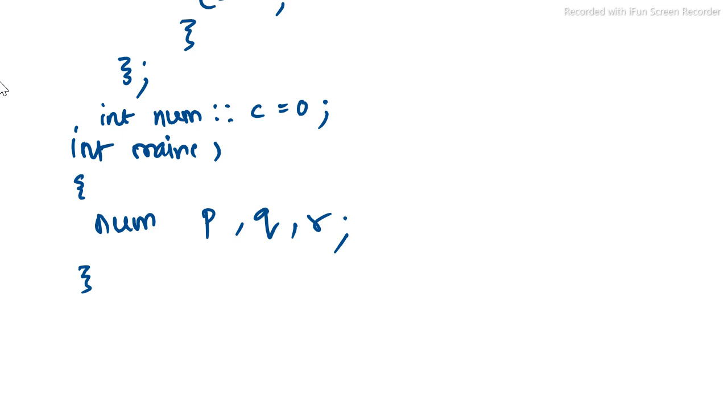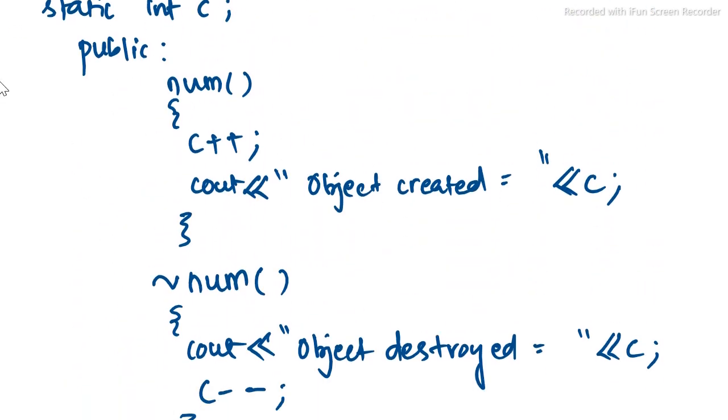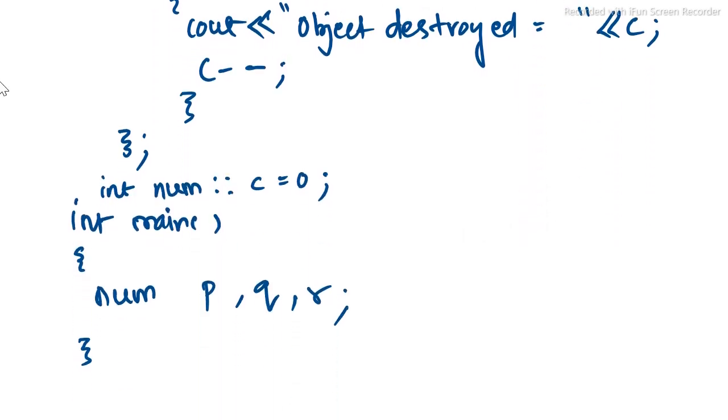When we execute this program, which contains a static variable, one constructor and one destructor, the constructor is called automatically as soon as we declare P, Q, R, so three times.